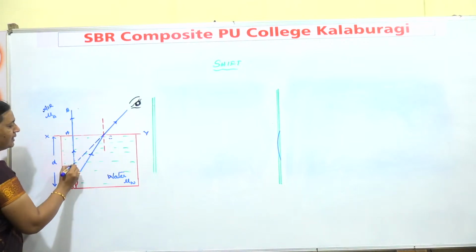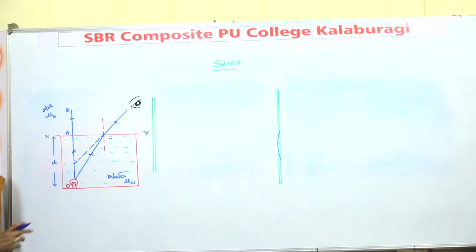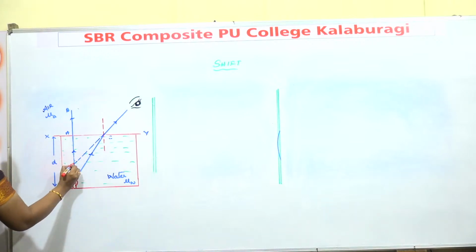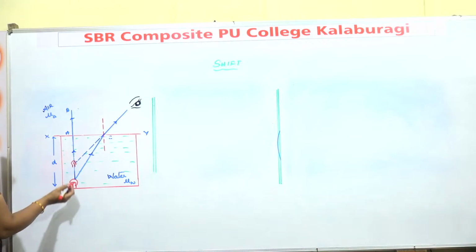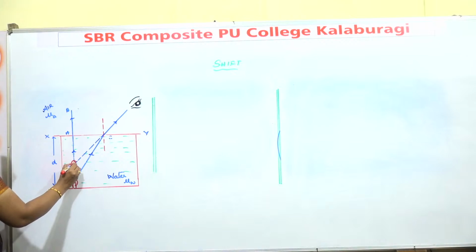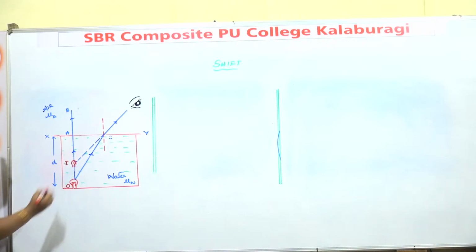Even if I produce, this also meets here. So when I produce, both rays are meeting at this point. Then they feel as if this bulb is here, of the same size. So we are going to observe the image of that here.